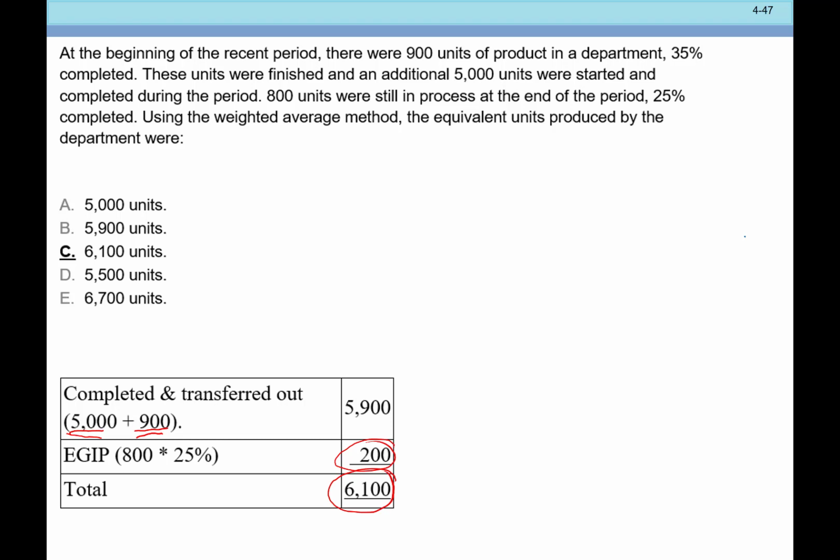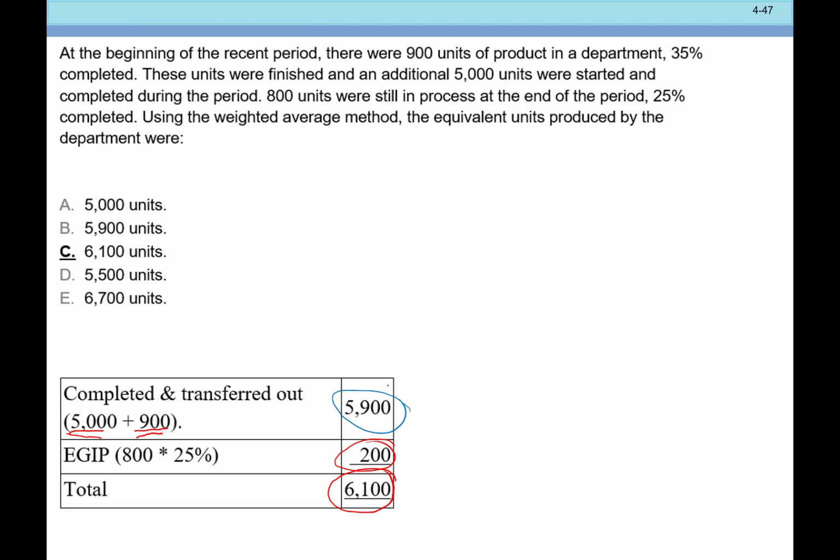So they don't really give us that they started a new set of units plus whatever was in beginning inventory. They simply tell us that the 5,000 units were started, and then we also completed the 900 that were in process at the beginning of the period. So to get the units completed and transferred out, since they told us we completed the beginning units plus the units that were started for the period were also completed, you get the units completed and transferred out that way.